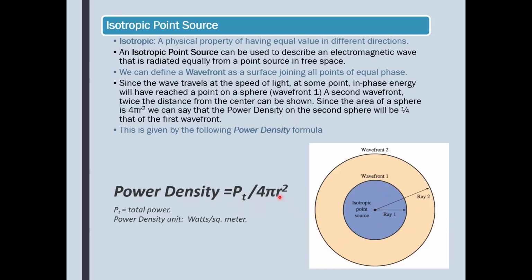You see here? That r squared is on the bottom of the equation. So the longer the distance is, the smaller the number is going to get, right? Whereas PT is the total power, and power density unit is watts per square meter.